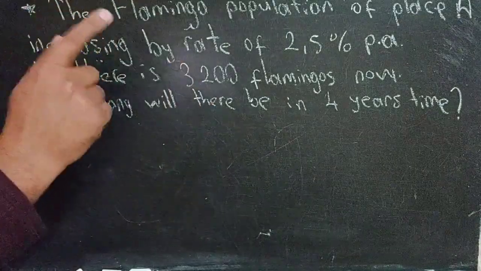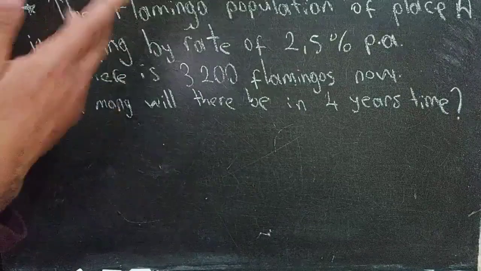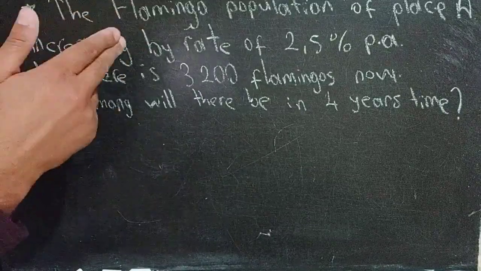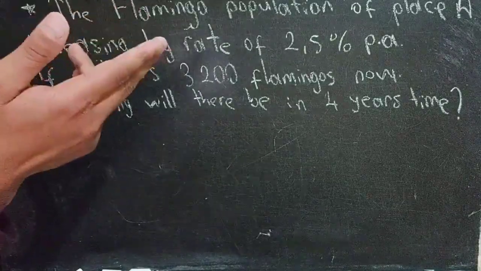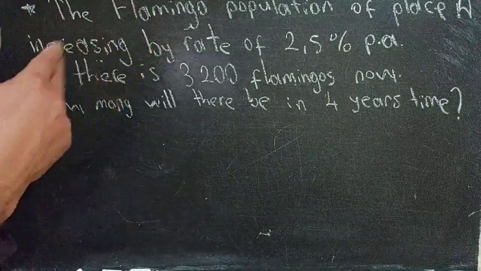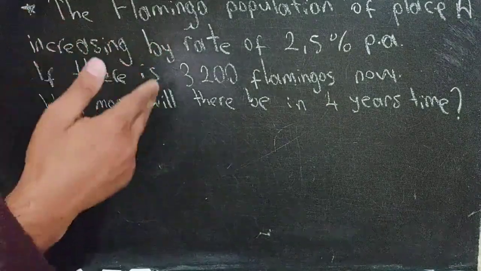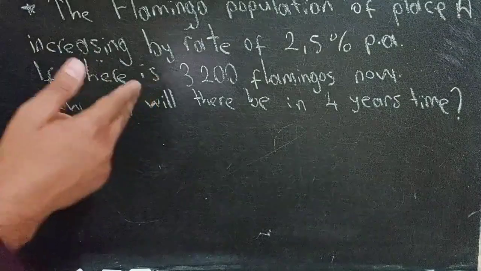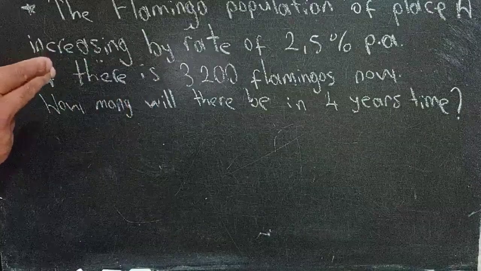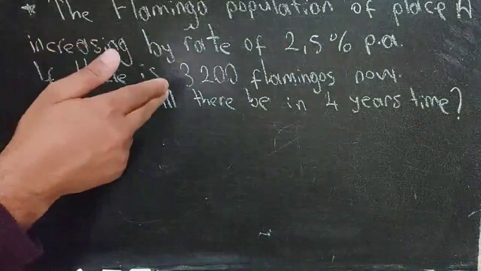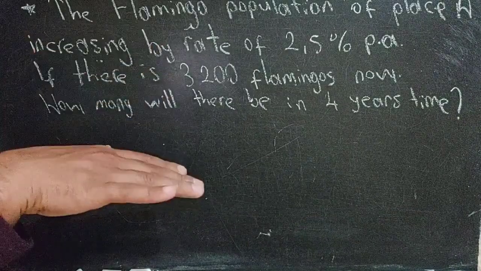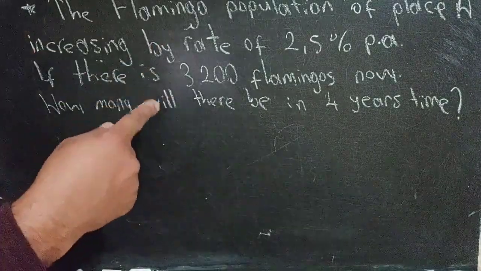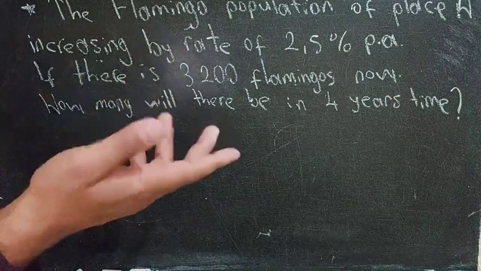The flamingo population of place A, any place, is increasing by a rate of 2.5% per year. If there are 3,200 flamingos now, how many will there be in 4 years' time?